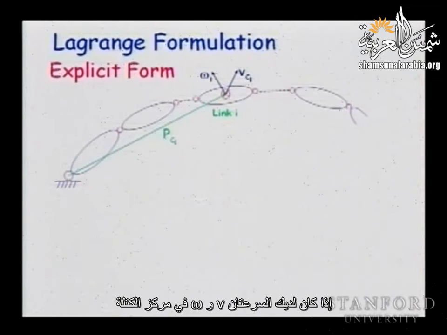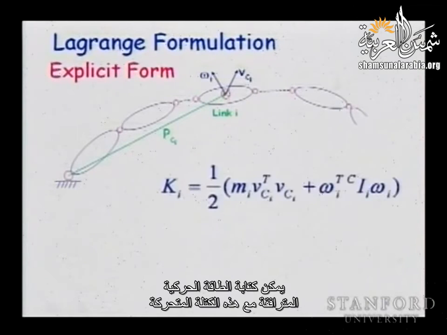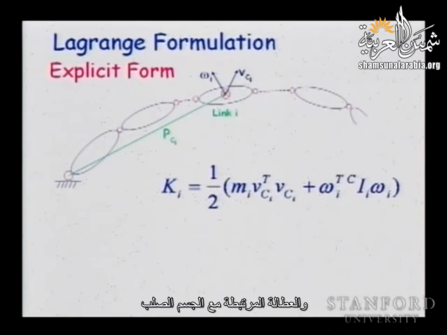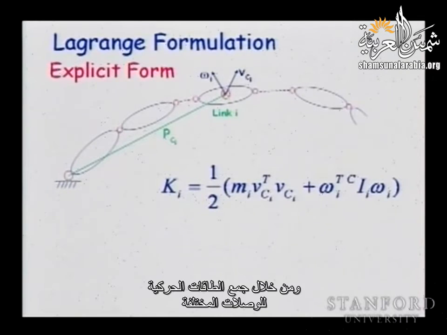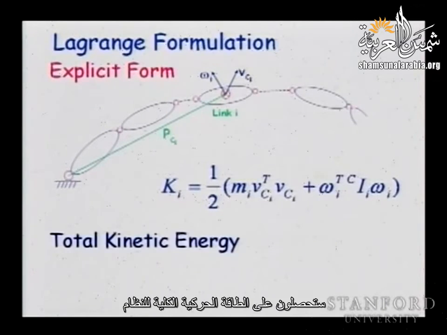So if you have a velocity v and omega at the center of mass, you can write the kinetic energy associated with this moving mass and inertia associated with the rigid body. And simply by adding the kinetic energy of these different links, you have the total kinetic energy of the system.